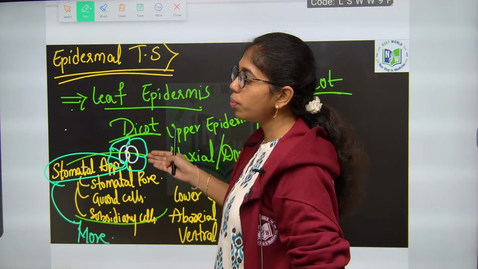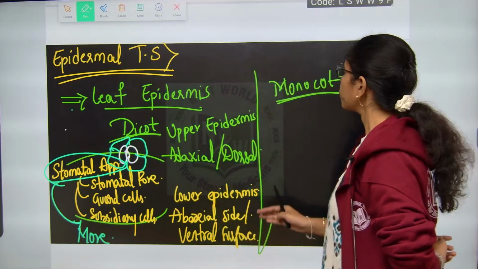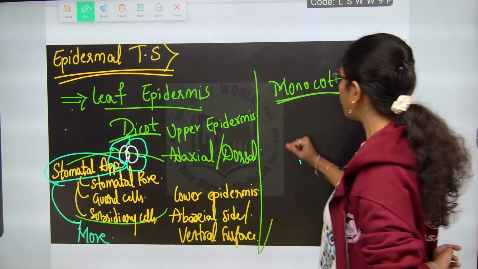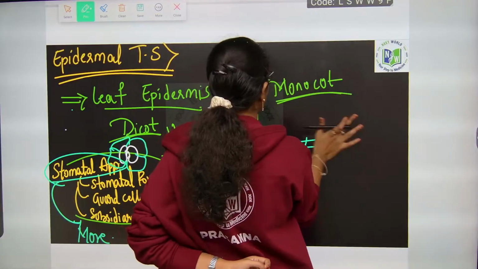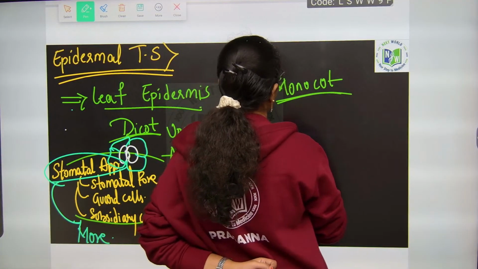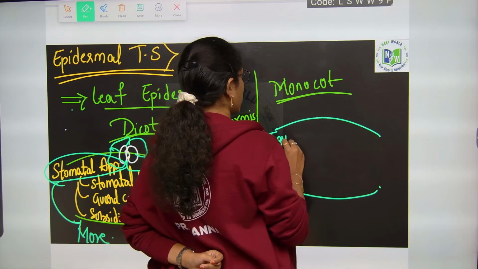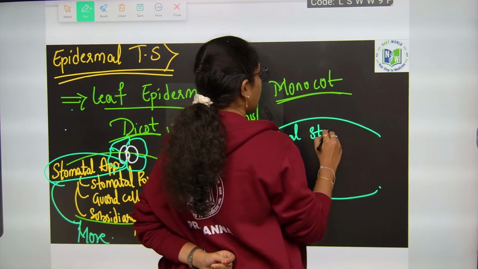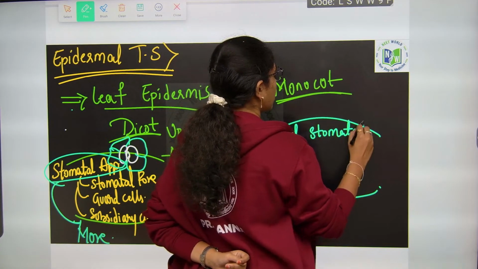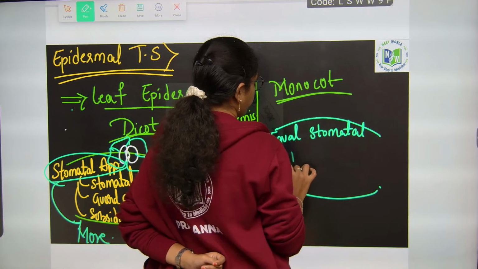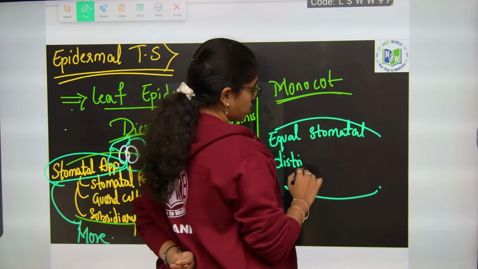This is to prevent the process of transpiration. Next, monocot leaf also has two epidermis, upper and lower epidermis, but here there is equal stomatal distribution on both the surfaces.